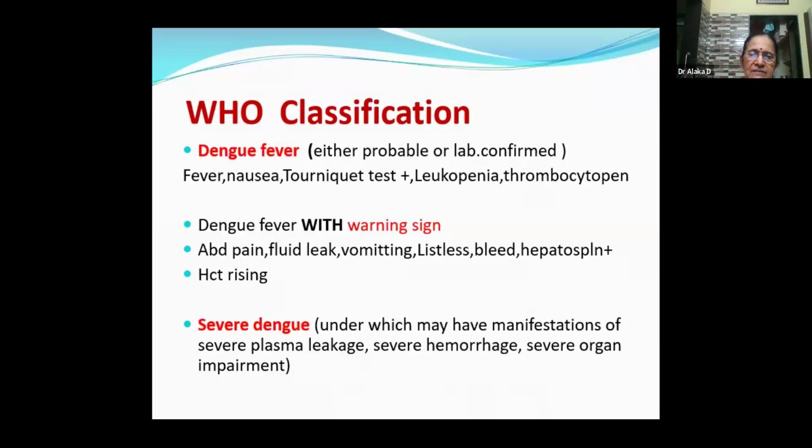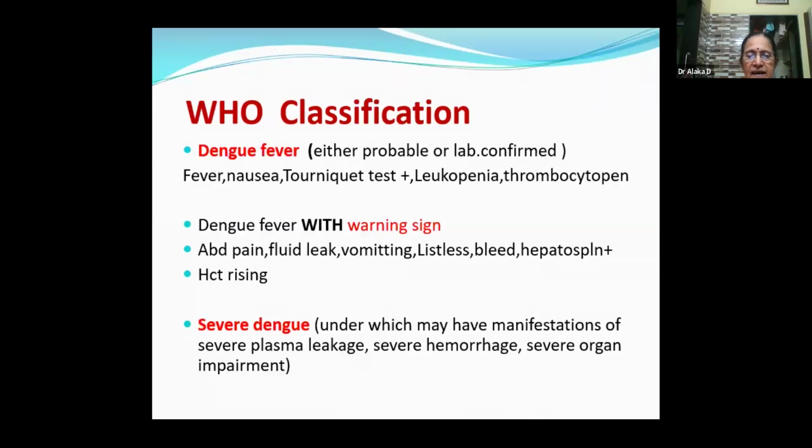Dengue fever can be mild or it has some warning signs. And what are the warning signs? Abdominal pain, fluid leak, vomiting, the person is listless, there is bleeding, hepatosplenomegaly, and hematocrit starts rising.